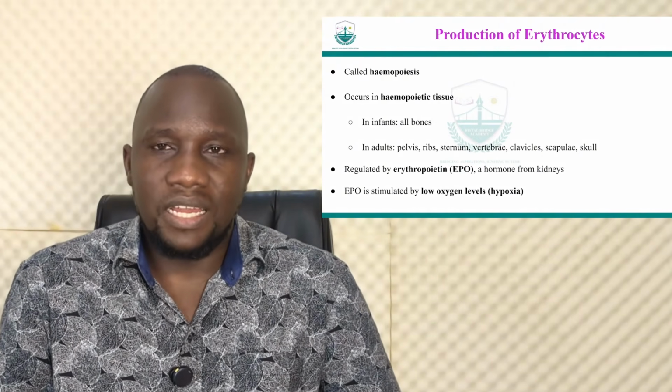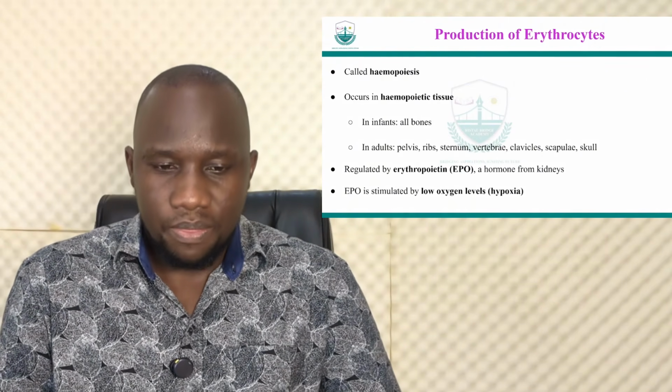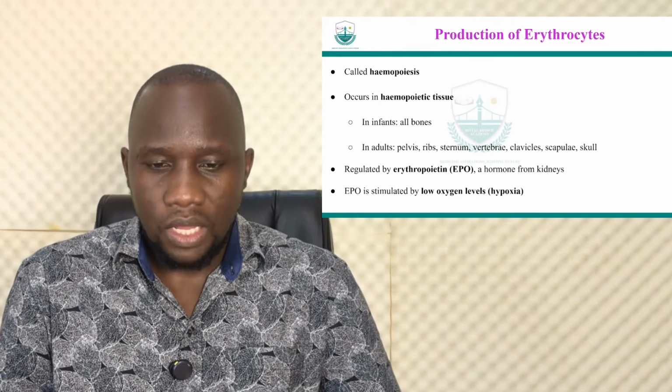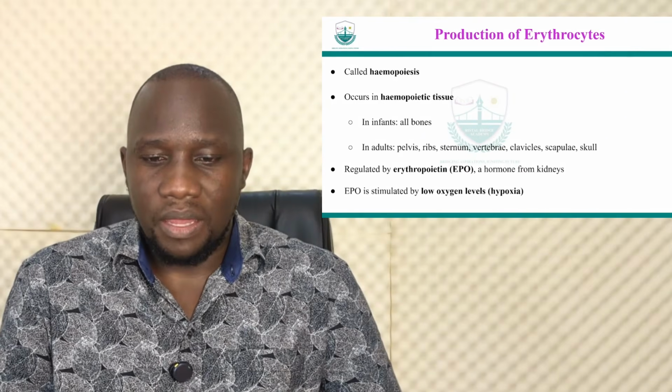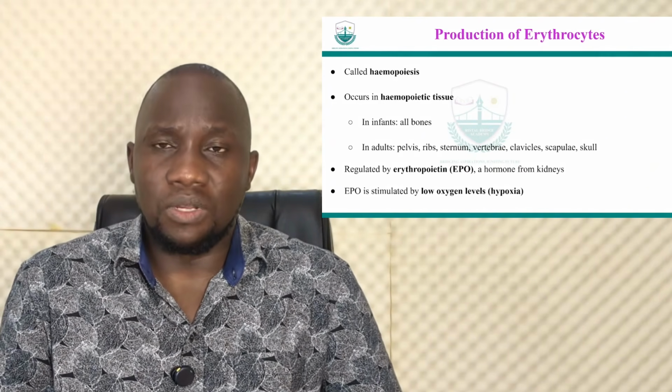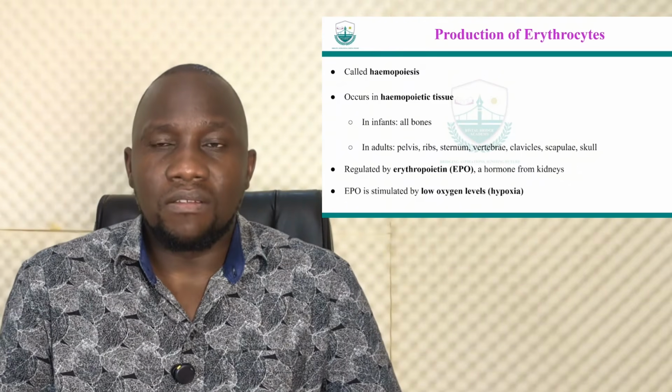So we have the sternum, pelvis, ribs, vertebrae, and then we have clavicles, scapulae, and the skull. These are bones that can make red blood cells.